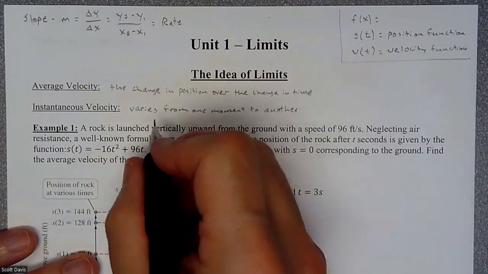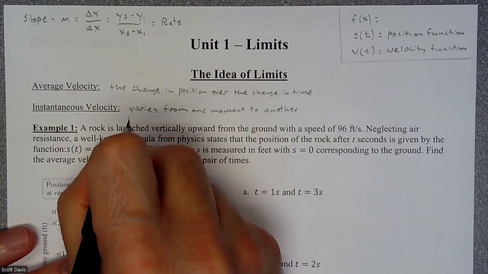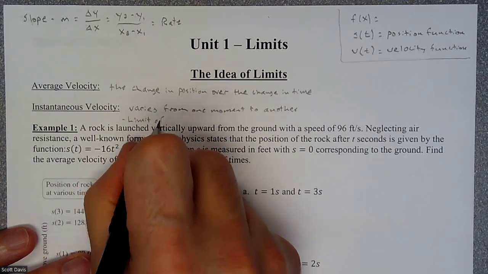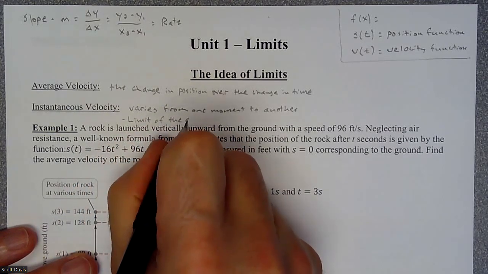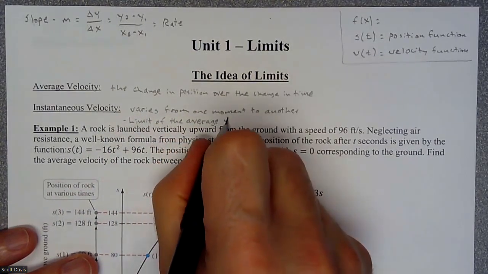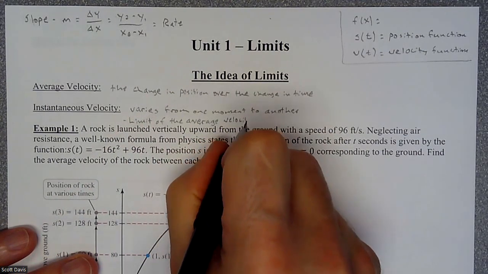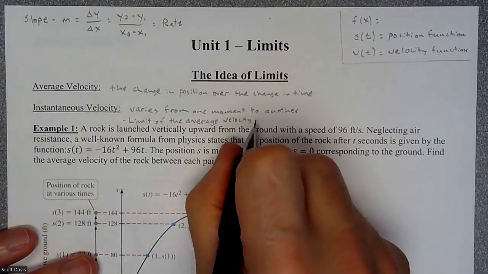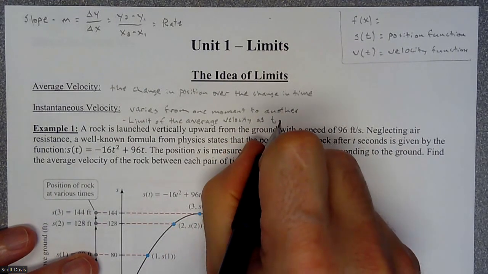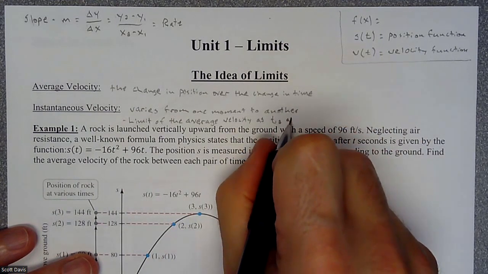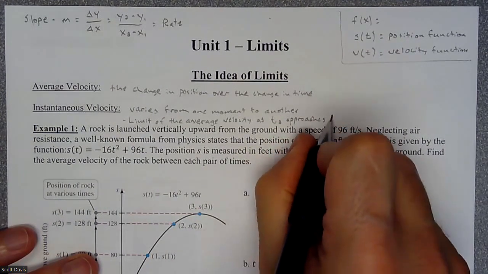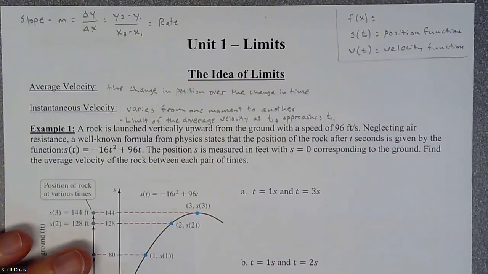So the idea of this is going to be the limit of the average velocity. We're going to be using this first idea as T2 approaches T1. Okay, so we're going to squeeze it.